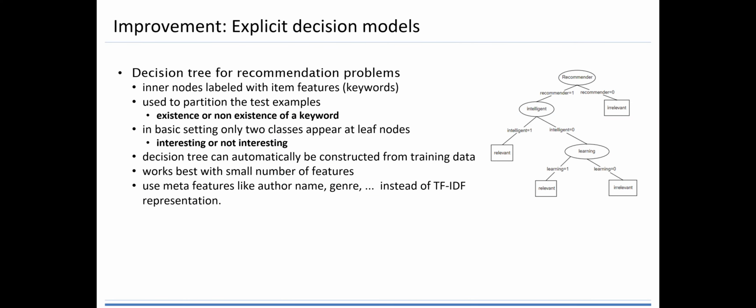When we have the linear classifier, we can improve it with a decision model. We call it the explicit decision model. Decision trees can be used for recommendation problems. In the decision tree we have nodes.